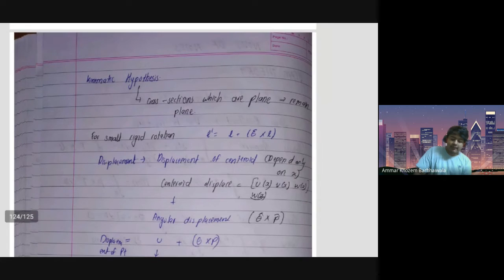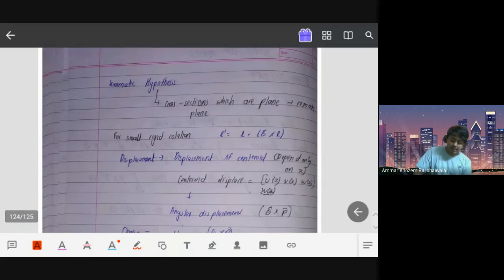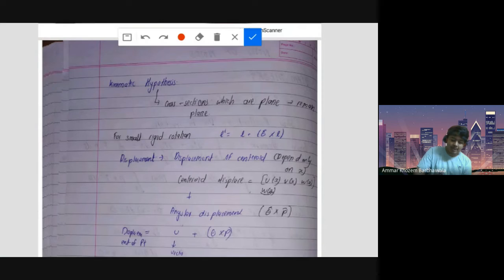The next thing we considered is the kinematic hypothesis. The kinematic hypothesis states that any cross sections which are plane should always remain plane. It cannot be that I have an elliptical cross section and it is transformed into some square cross section.